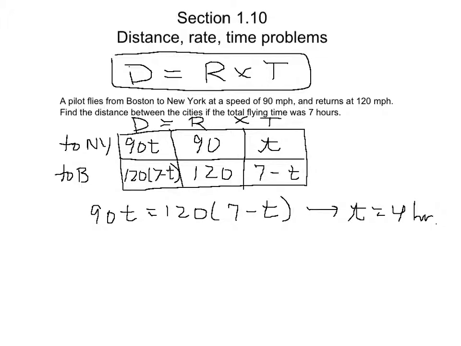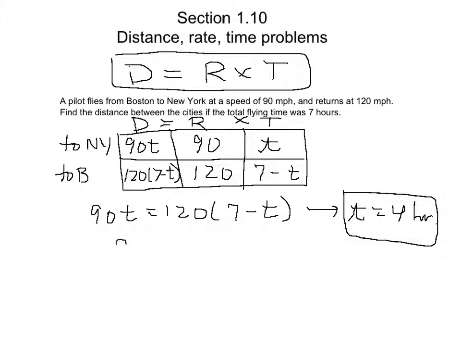Well, that's interesting, but that's not the question. The question is, what's the distance between the cities? Well, this distance and this distance are exactly the same. And so to find the distance, it's easy to plug into this expression.